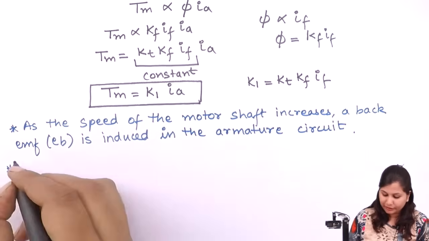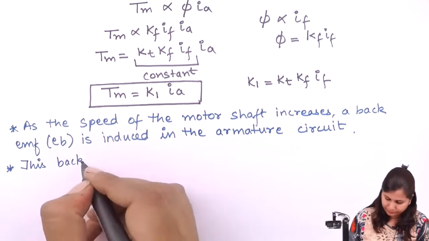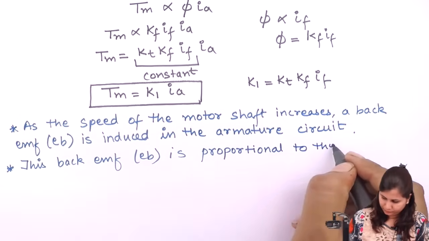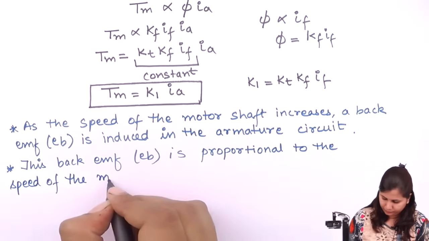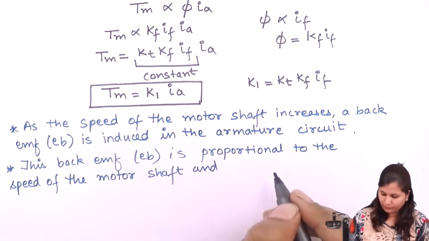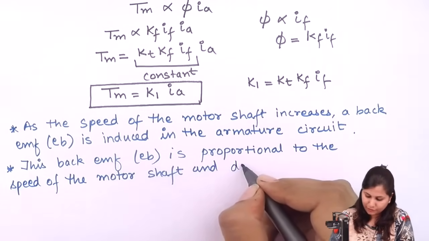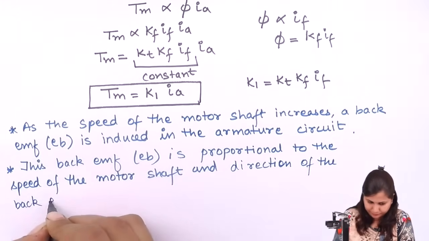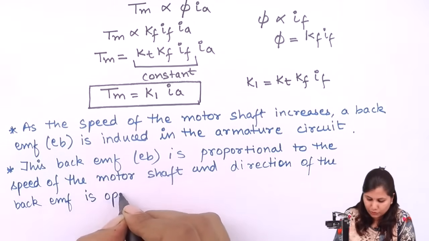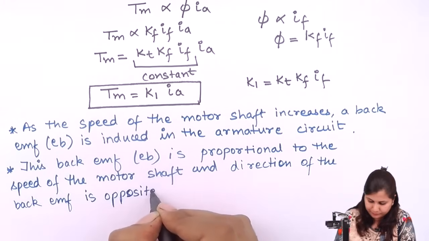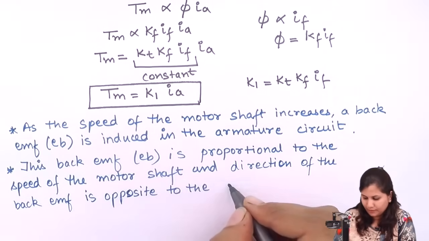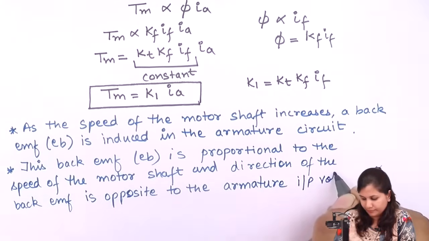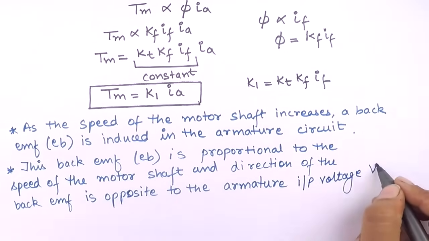Now this back EMF is proportional to the speed of the motor shaft, and the direction of the back EMF is opposite to the armature input voltage VA.